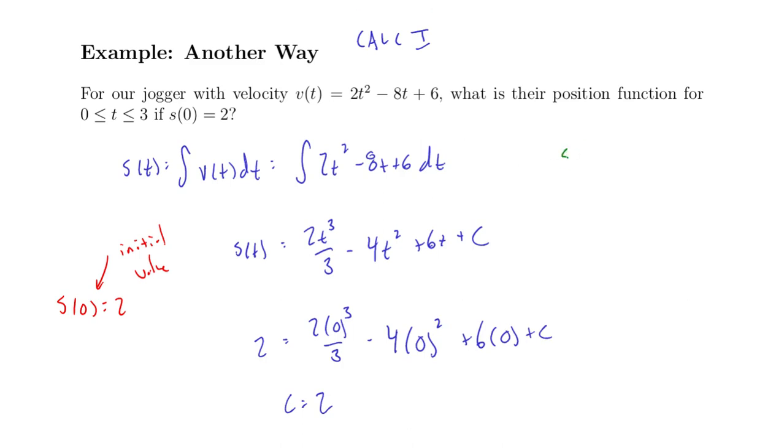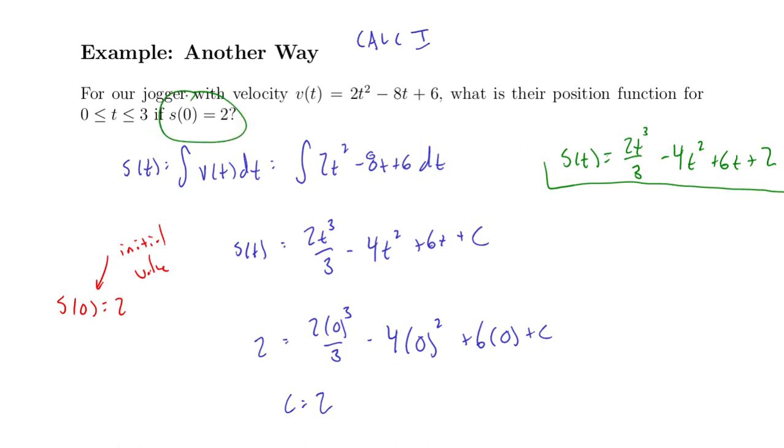And so either way, we end up with the same position function. 2t cubed over 3 minus 4t squared plus 6t. And now instead of saying plus c, I know that specifically for this position function, with this initial value, it's actually plus 2.